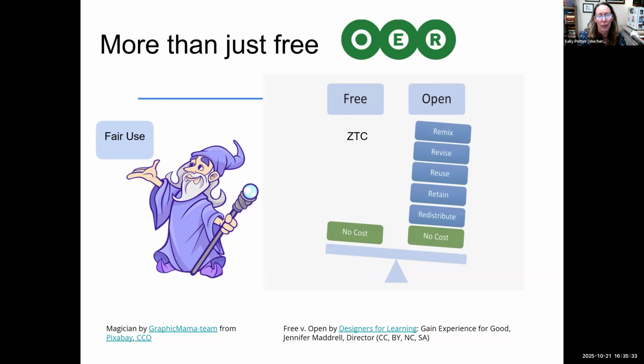They want to make them open and available for anyone to use. So they put what's called an open license on it, and we're going to talk about the open licenses in just a second. So when we talk about open or OER, we're talking about the license.